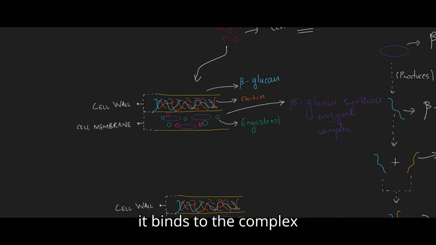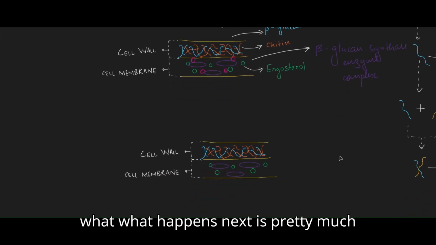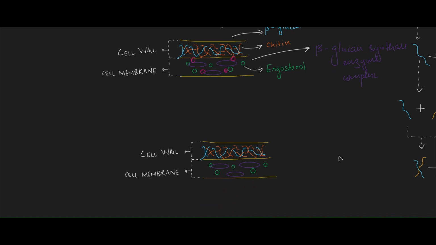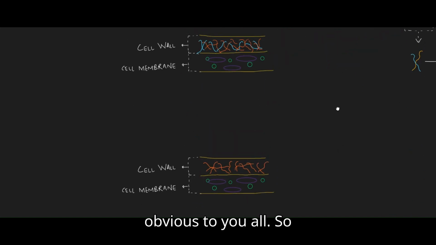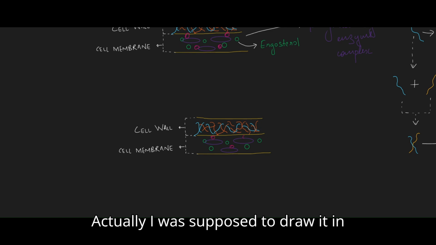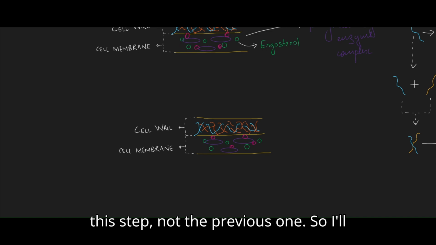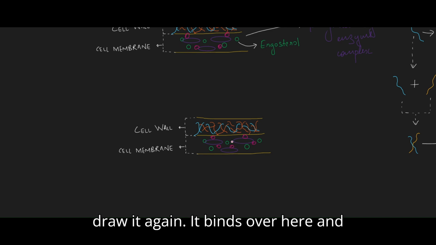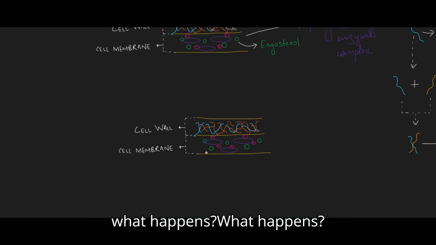As you can see, it binds to the complex. And it's not that hard. I mean, what happens next is pretty much obvious to you all. So it comes over here, it binds. Actually, I was supposed to draw it in this step, not the previous one, so I'll draw it again. It binds over here, and what happens?